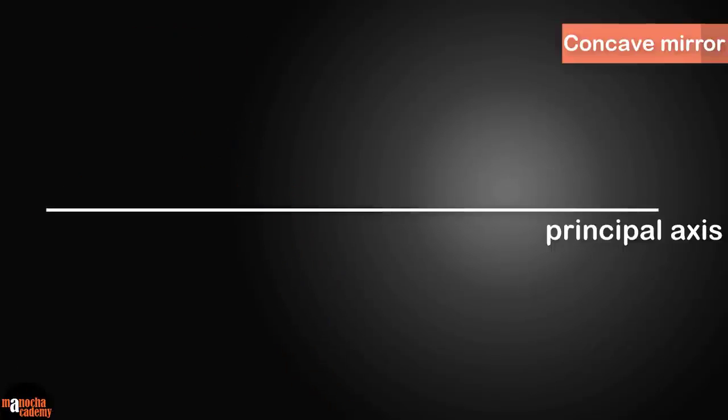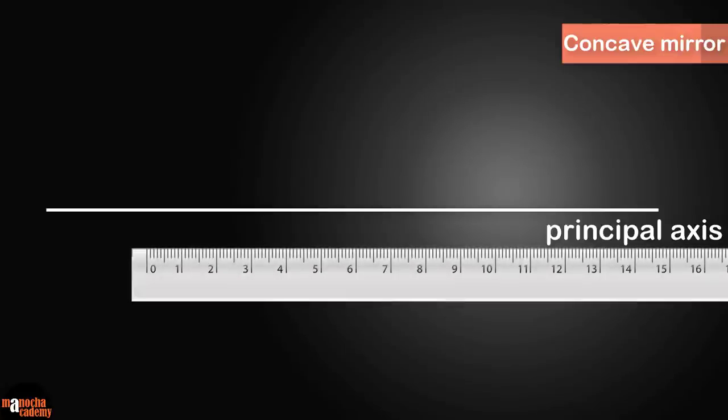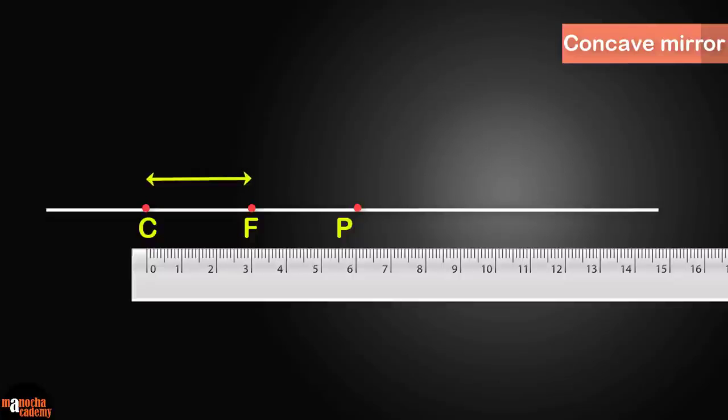Draw a line representing the principal axis. Using a ruler, mark 3 points where C is at 0 cm, F is at 3 cm and P is at 6 cm. You can take any convenient distance. F should be exactly in the middle such that CF equals FP.